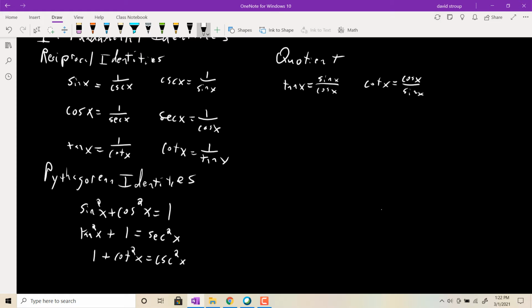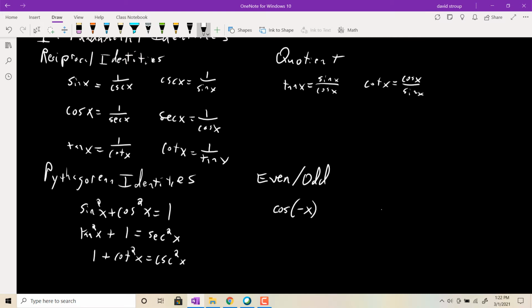Okay, so you should know all those. Then the last ones you're probably not as familiar with, even though we've just learned about them, the even and odd functions. We basically focused on cosine and sine and maybe tan. But cosine is really the only even function.